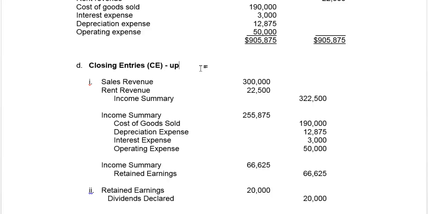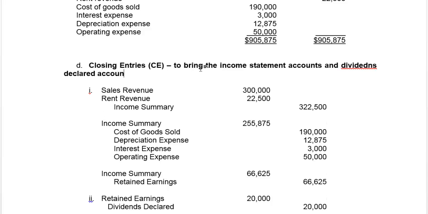the income statement or statement of earnings, whatever you want to call it, or statement of income, they all mean the same thing, to bring the income statement accounts and dividends declared account to 0 in order to accept new amounts in the next period, right?